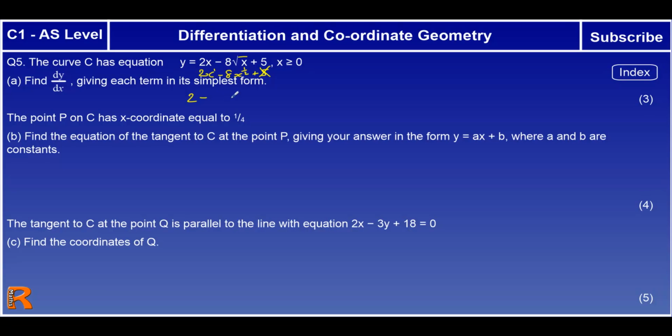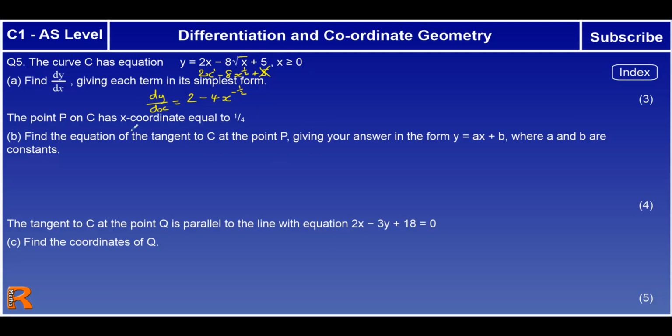Well, it becomes x to the 0, which is just 1. And then we've got a half times 8, which is 4x, and we take 1 off the power to be minus a half. So dy by dx equals 2 minus 4x to the minus a half. Pretty straightforward, 3 marks. I think when you're good at this sort of thing, it shouldn't be a problem.